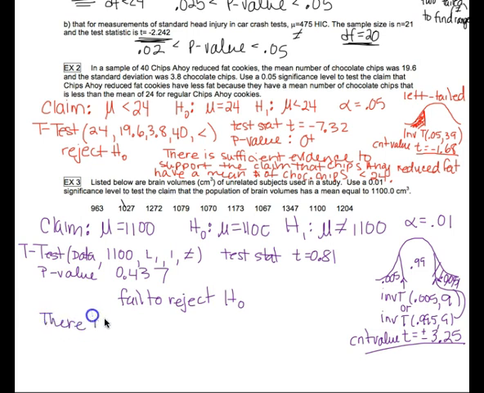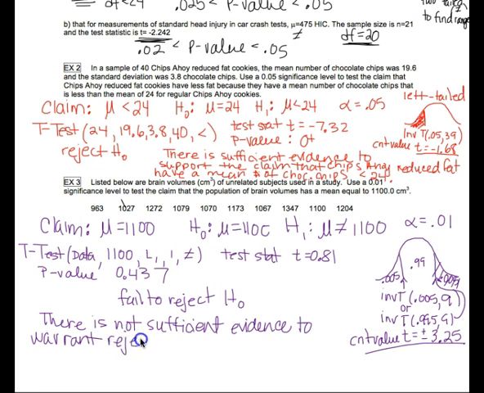So my final conclusion is there is not sufficient evidence to warrant rejection of the claim that mean brain volume is 1100 cubic centimeters.